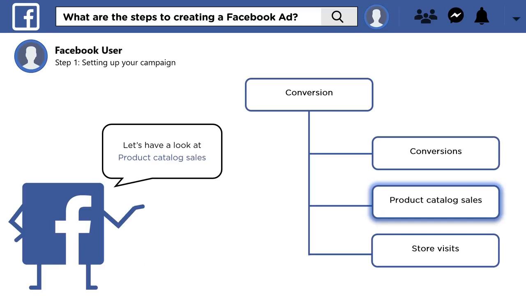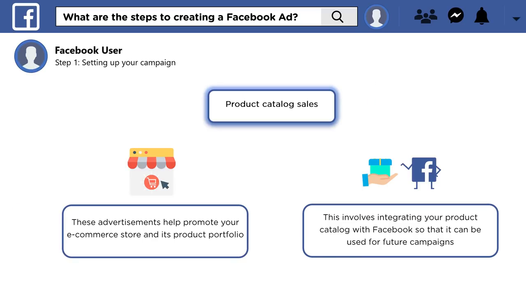Okay, so you have conversions and you have product catalog sales. Product catalog sales could be ads to help promote your e-commerce store or other products in your store portfolio. Think of Amazon, think about all the products they have on their website.